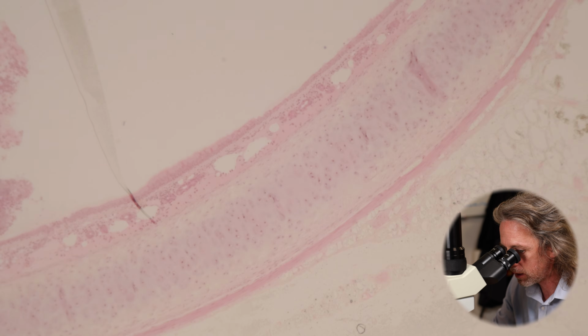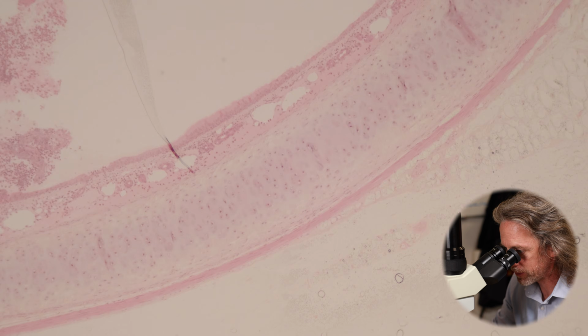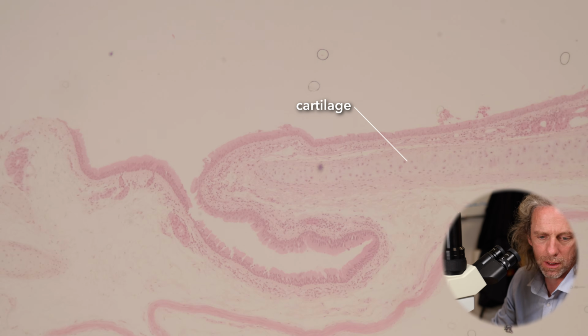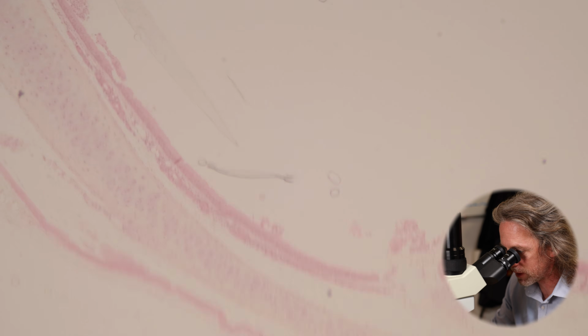And because it's carrying air, and because there are pressure changes involved, most of the wall that we're looking at is a ring of cartilage. Oh, there's the end of the ring of cartilage there. And then posteriorly, so it's a C-shaped ring of cartilage.